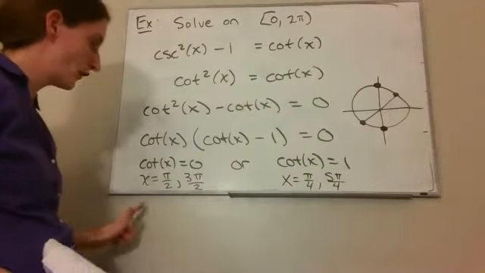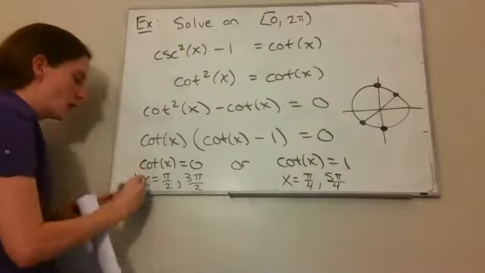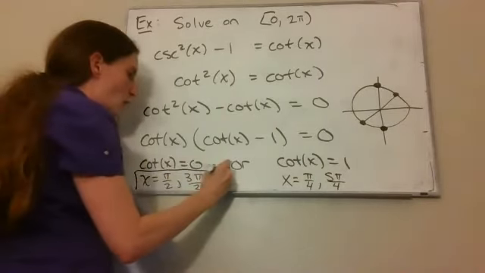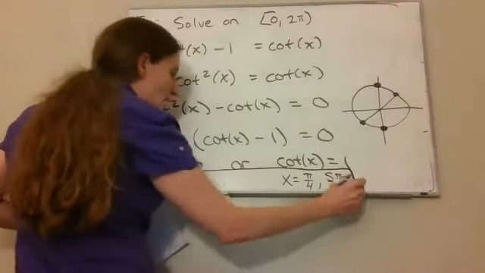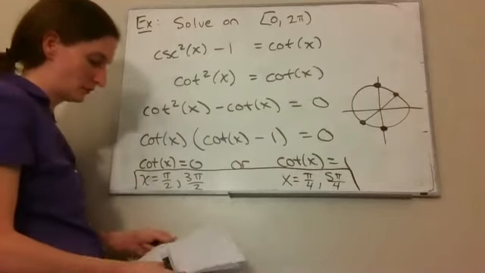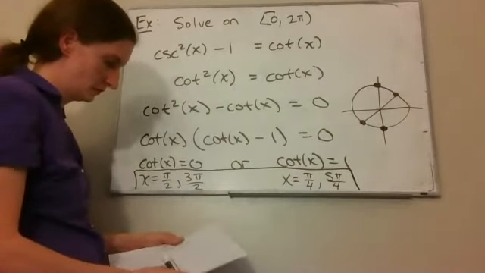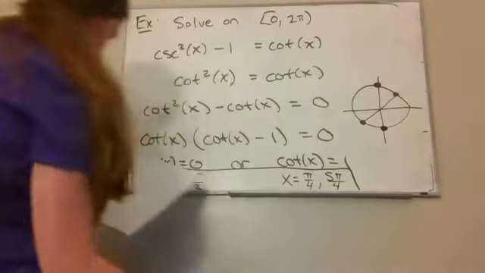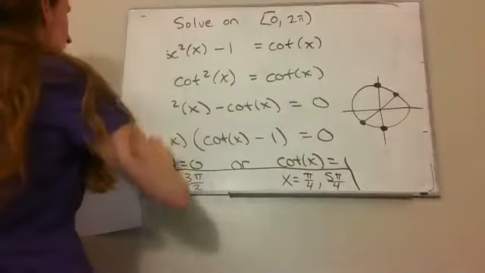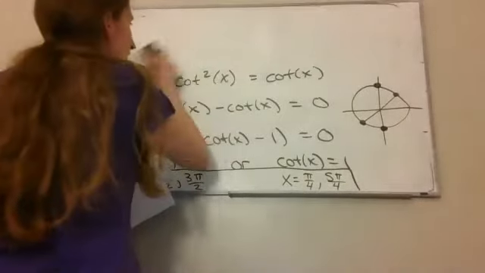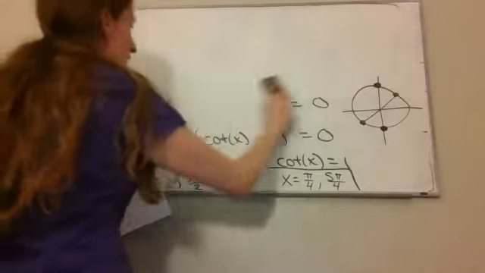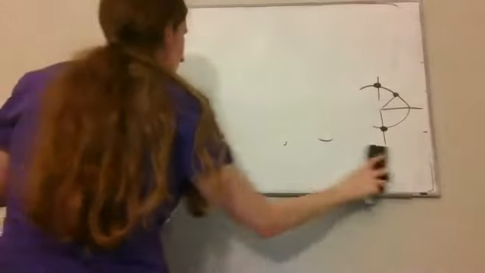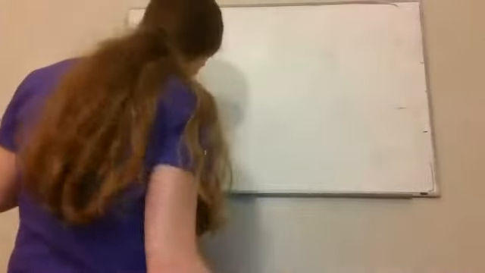And that's none of the values that I found. So I am okay to have all 4 of these answers as my solutions. So that was an example of where we end up using one of our trig identities and then factoring.